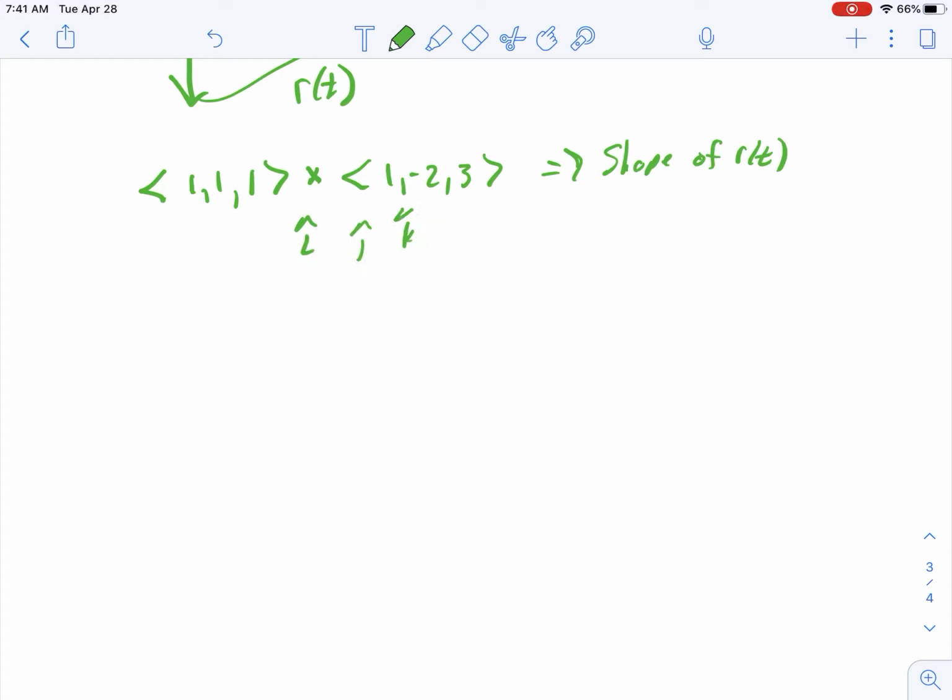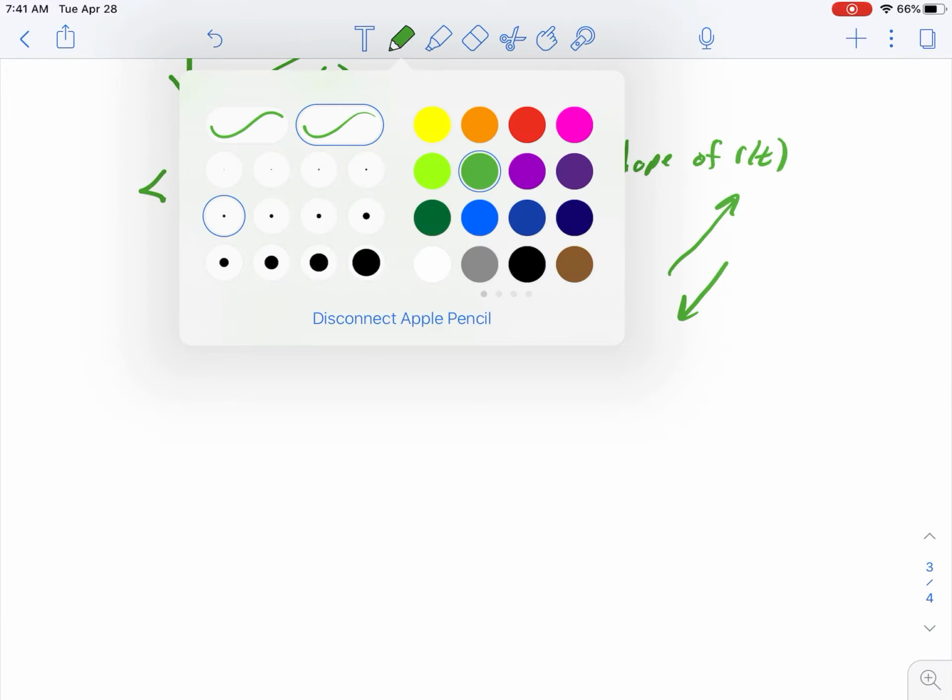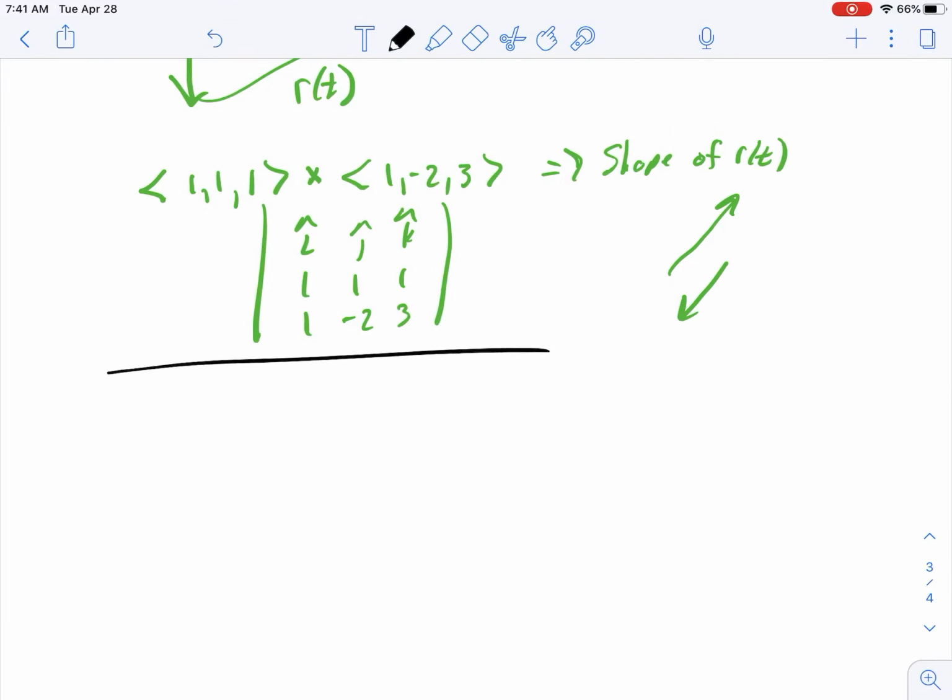So i, j, k, 1, 1, 1. It doesn't matter how you put this in order. Remember, this is going to be a slope this way or slope this way. Our d value will take care of the direction there. So let's finish this out.